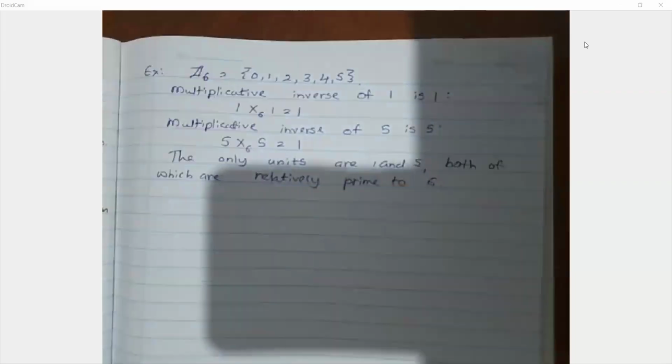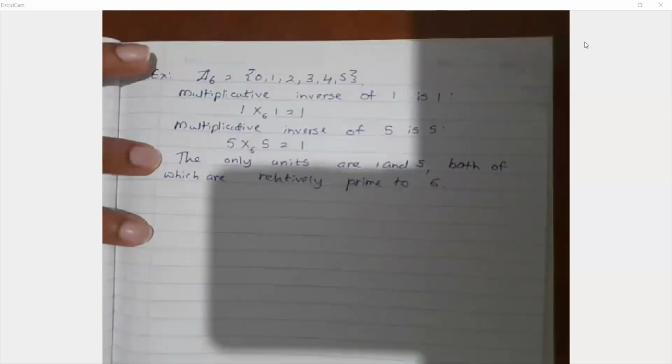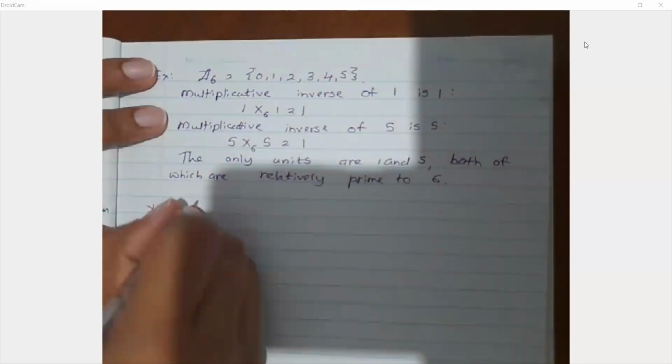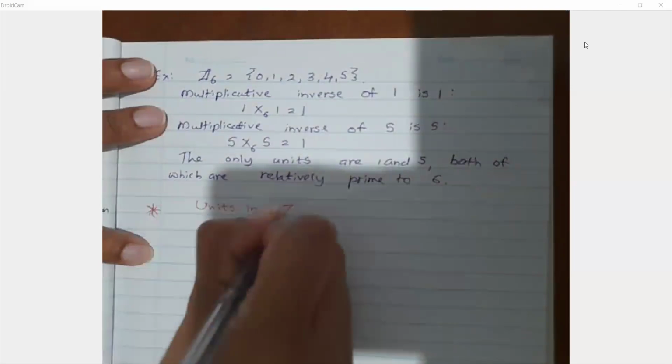And we know that units in Zn are precisely those elements in Zn which are relatively prime to n. So as a remark, I will write units in Zn.